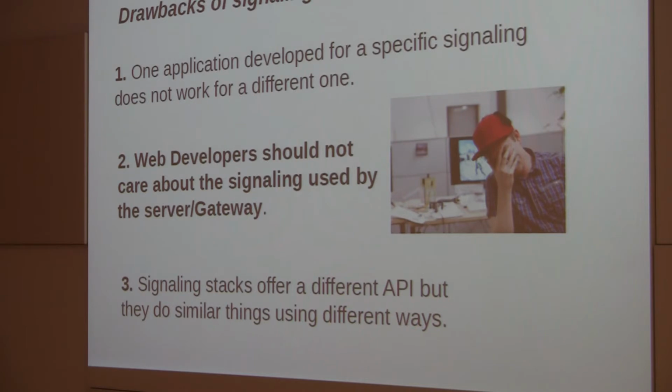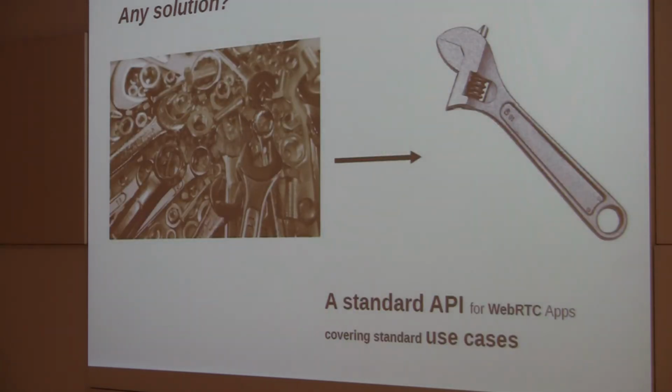All the signaling stacks for WebRTC expose an API that you use, but there are different APIs, and the interaction between the API and the WebRTC API from the browser is different in each case. So what is the solution?